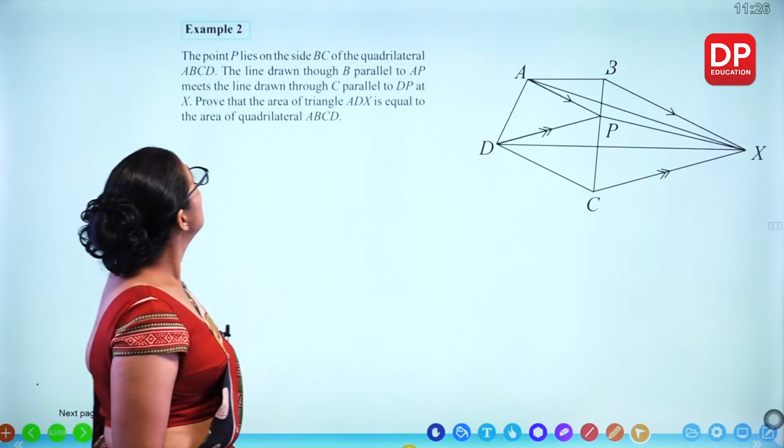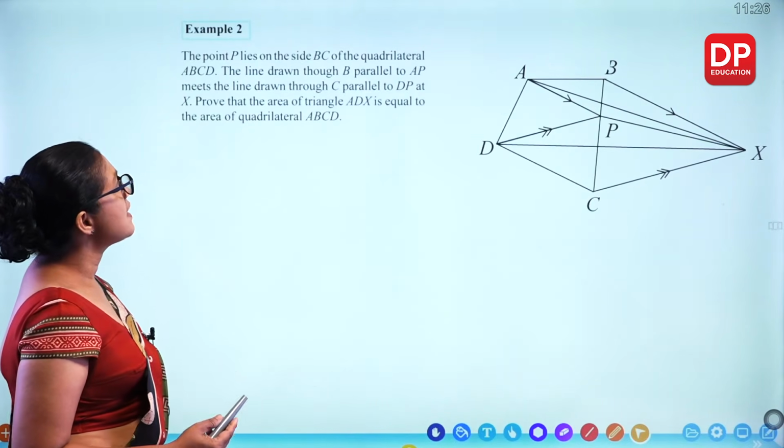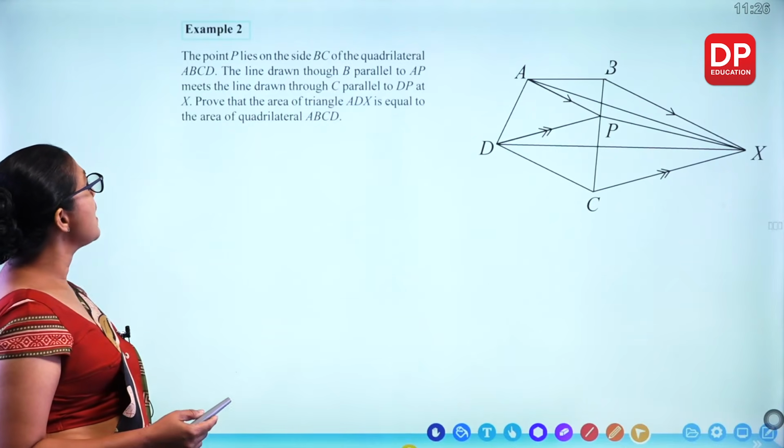Example 2. The point P lies on the side BC of the quadrilateral ABCD.